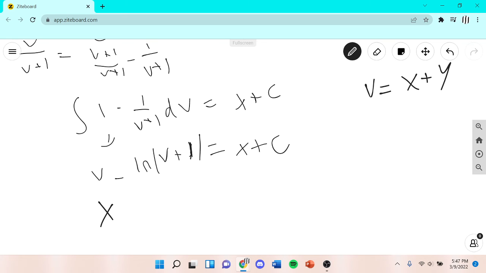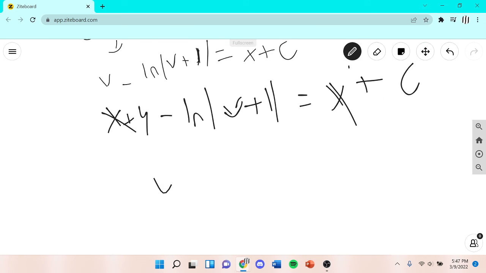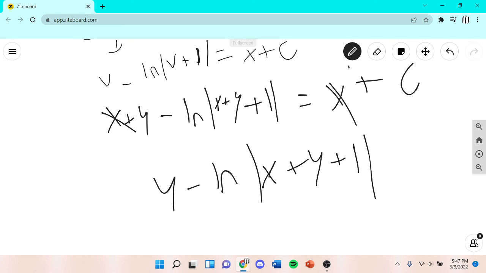So this becomes x plus y minus ln of v plus 1 equals x plus c, and then we can cancel the x's on both sides. Sorry, the ln should be of x plus y plus 1, so this becomes y minus ln of x plus y plus 1 is equal to c. It would be pretty hard to simplify this further, so I believe you can just leave it in this form.